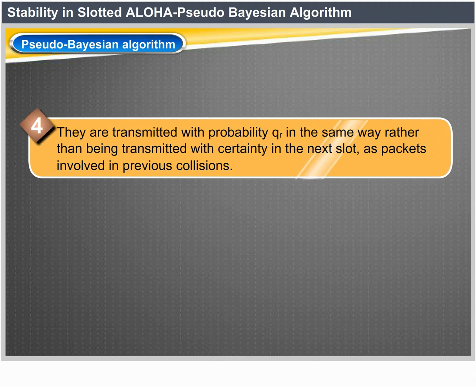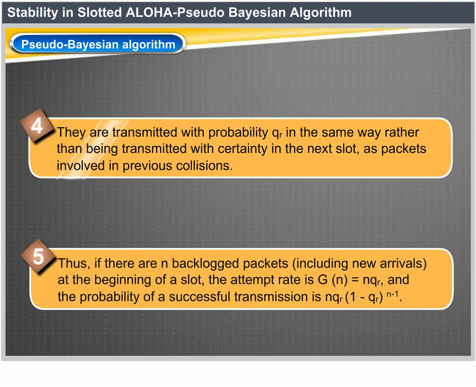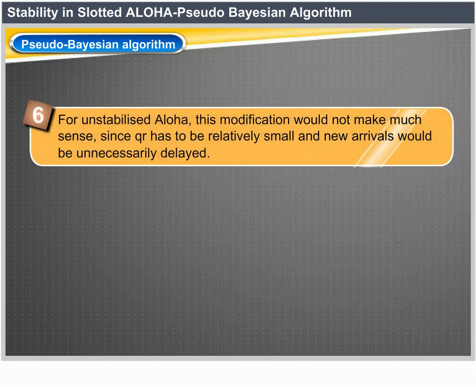Thus, if there are n backlogged packets, including new arrivals, at the beginning of a slot, the attempt rate is g(n) = n q_r, and the probability of a successful transmission is n q_r (1 - q_r)^(n-1). For unstabilized Aloha, this modification would not make much sense, since q_r has to be relatively small and new arrivals would be unnecessarily delayed.